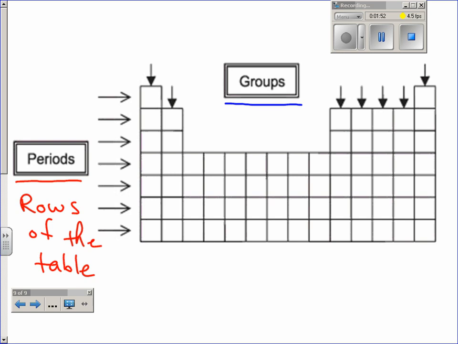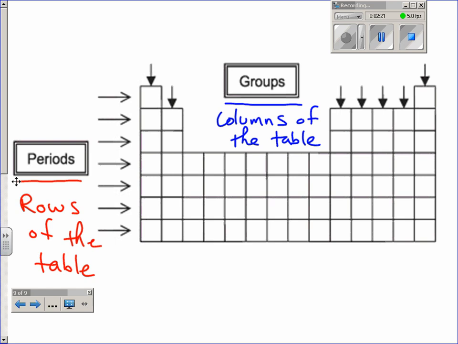So those are the groups of the table, and they are the vertical columns. So we have rows and we have columns. We have periods and we have groups.